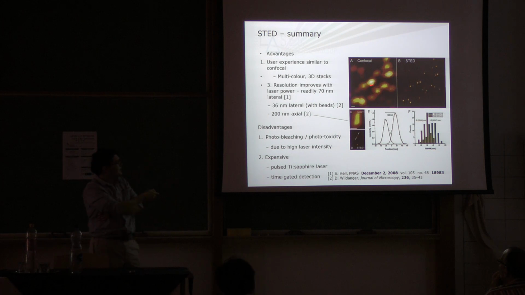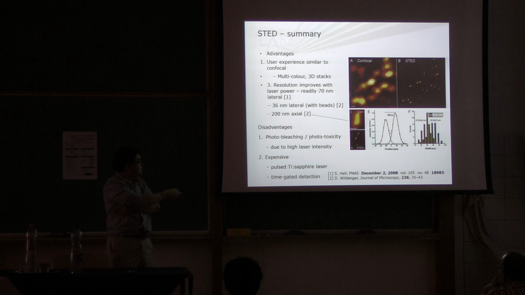And as I say, it's important to make quantitative conclusions about your data. Here we have a confocal microscope image of some fluorescent beads, and the corresponding STED image of the fluorescent beads. So the resolution is much better in the STED, and by taking a cross-section between two of the beads in this image, you can see that it's a single blur in the confocal microscopy, and the cross-section profile through the STED data shows that you have this double peak of intensity.